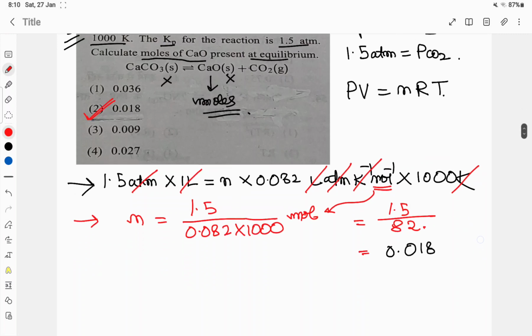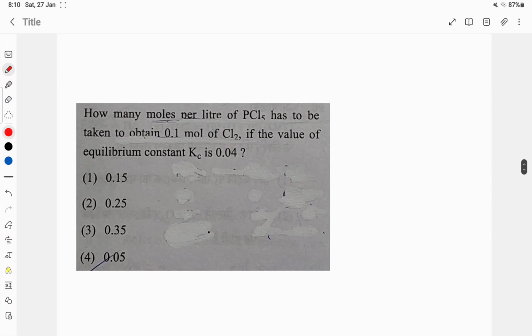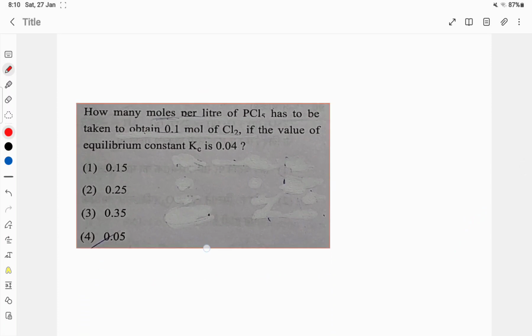Okay then students, let's move on to the next question. How many moles per liter of PCl5 has to be taken to obtain 0.1 mole of chlorine if the value of equilibrium constant Kc is 0.04?